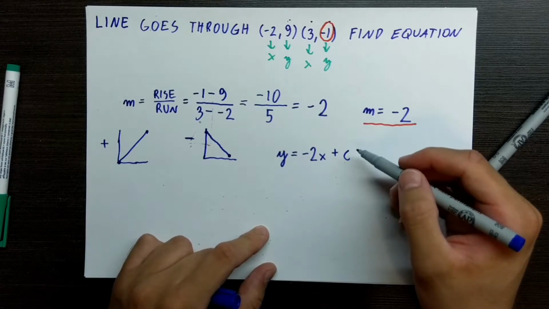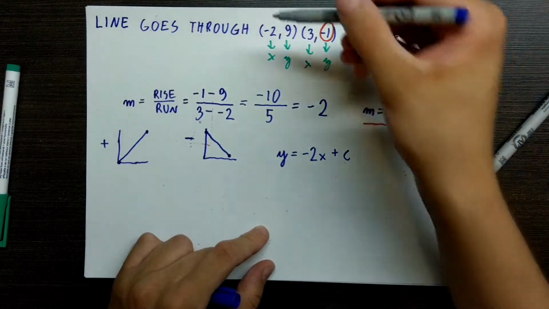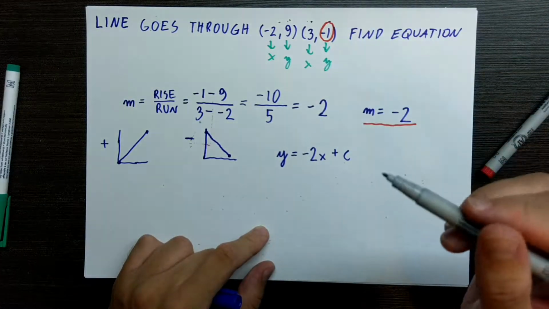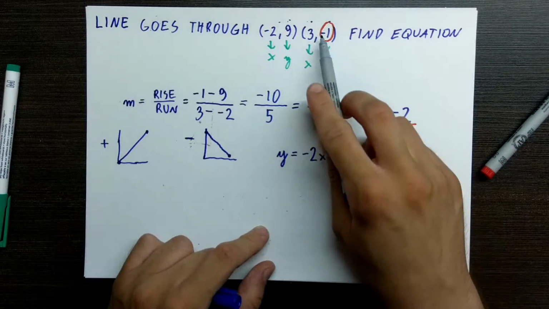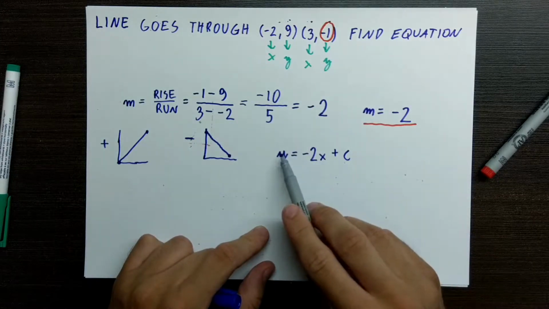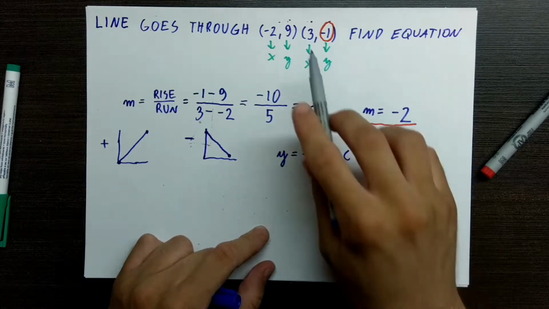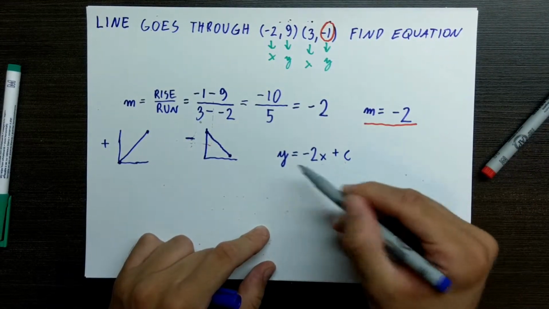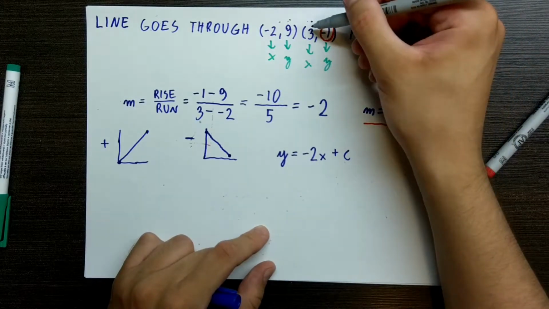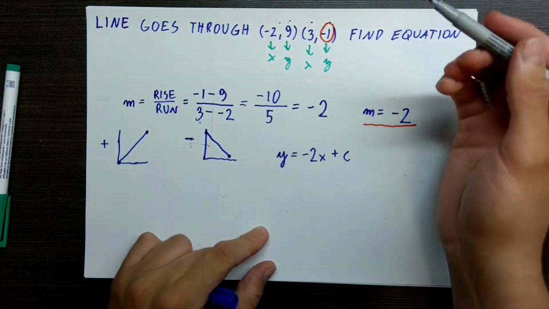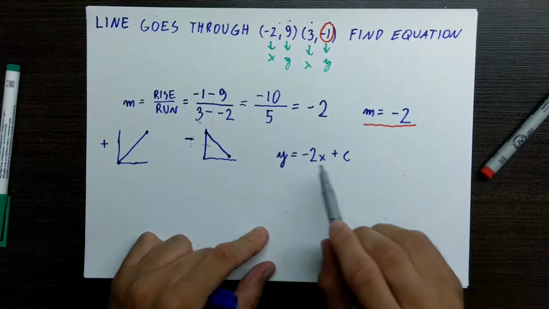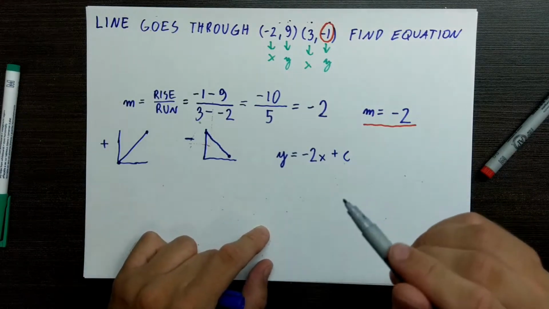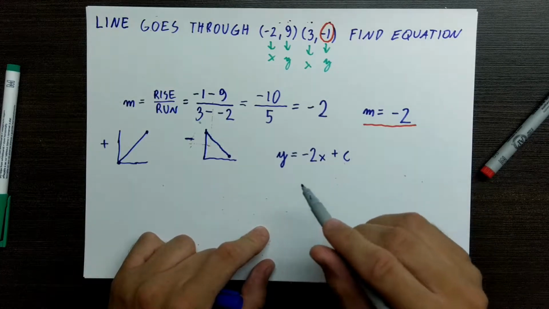However, what we do know is that we have these 2 points with these 2 coordinates. So now we have to substitute y and x values with one of these points, because we know that these values are going to correspond in a graph to one of these points, so we are told. So we substitute those values, and then we figure out the c. If you don't get it, don't worry. I will show you exactly what I mean.